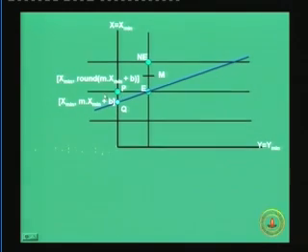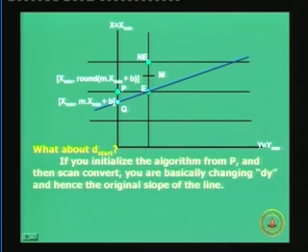But what is the other problem? What about D start? You remember we had a decision variable D, and it needed an initialized condition or a starting value which we called D start, and that D start will go wrong if you initialize the algorithm from P. Scan convert means applying the Bresenham's midpoint criteria iteratively, looking at the next east and northeast and so on.